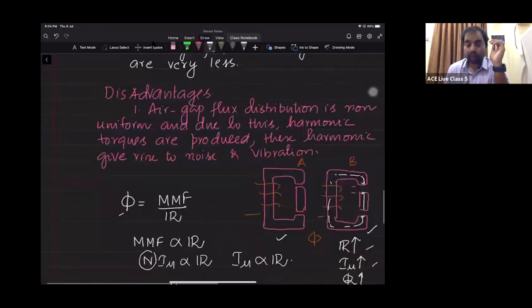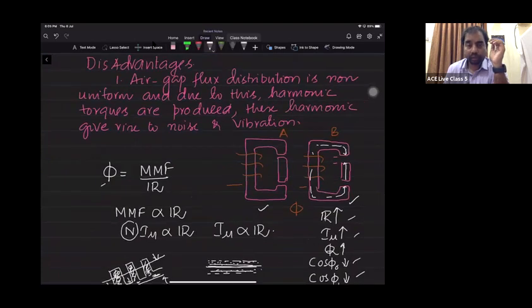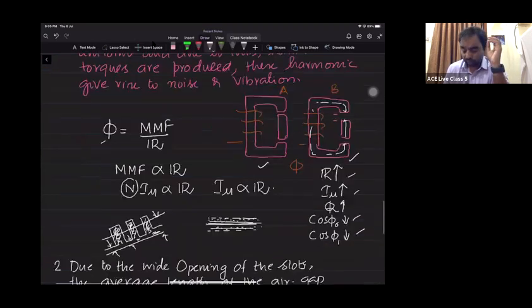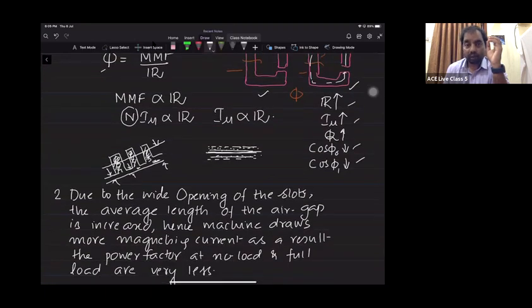The drawback is, as you can see, the air gap is non-uniform. The flux distribution is non-uniform, and hence the harmonic torques are produced, and these harmonic torques will give rise to noise and vibration. The second thing is, due to the wide opening of the slots, the average length of the air gap is increased. Hence, the reluctance increases, thereby the power factor will be reduced. Is it clear? Confirm me once, all of you. Raise the hands.